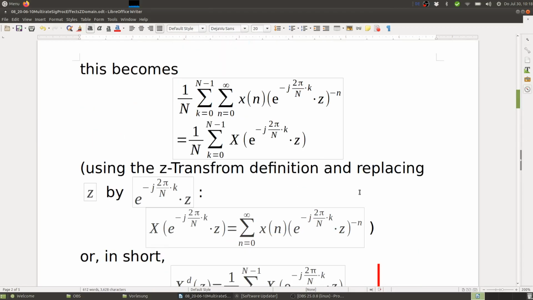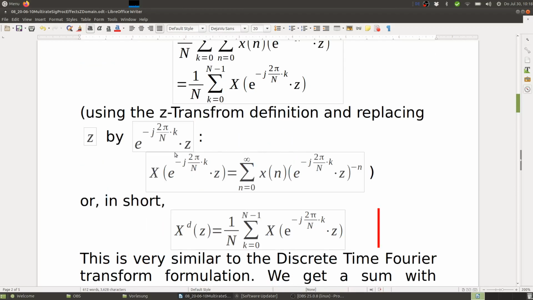Right. And this actually makes sense when you think about the connection to the discrete time Fourier transform, right? Remember, we can replace z by e to the j 2 pi over N times k times z in this expression here, and then basically this is the result.